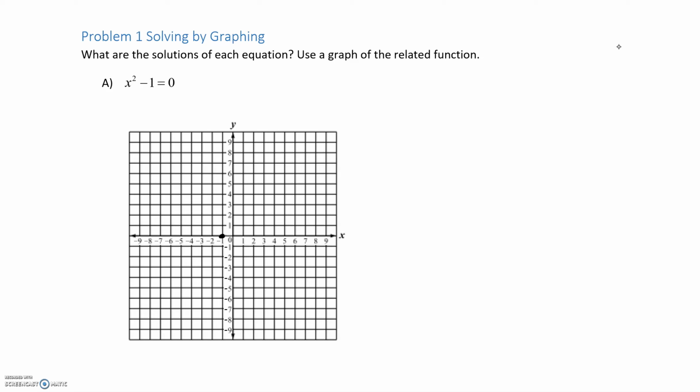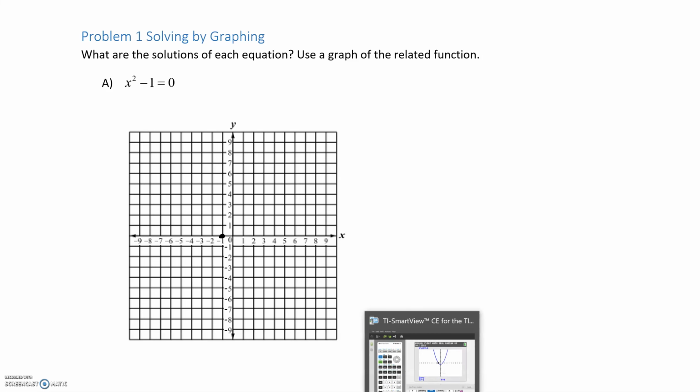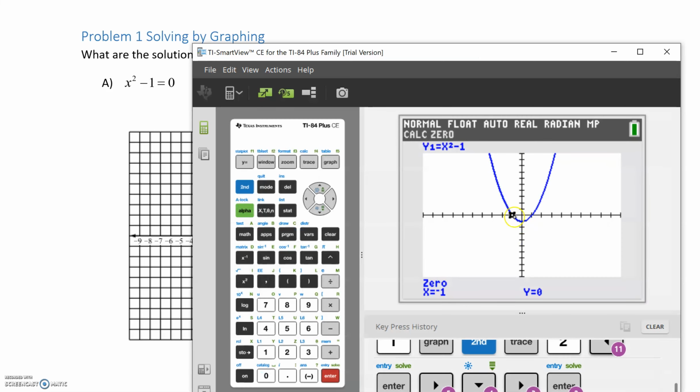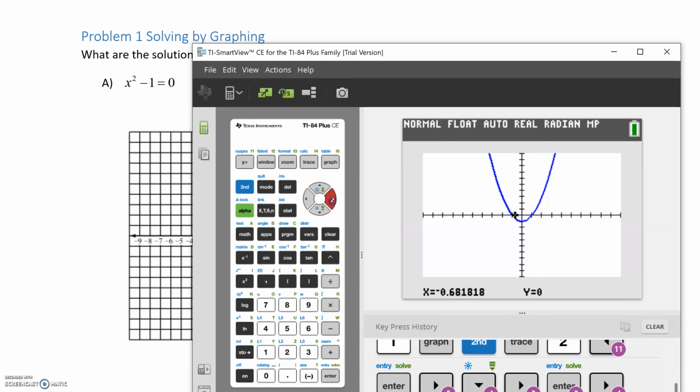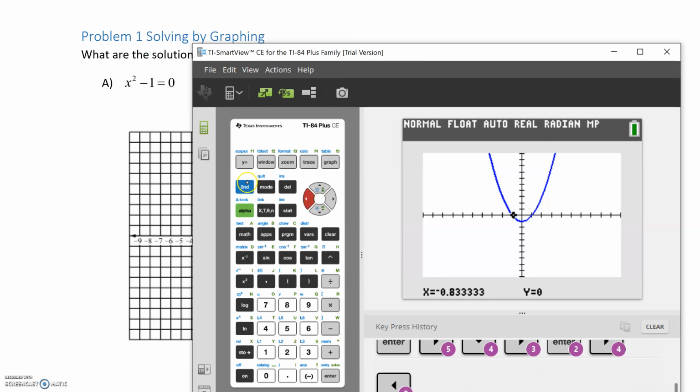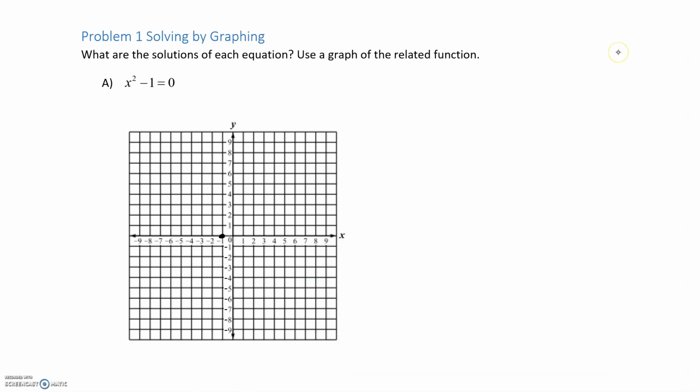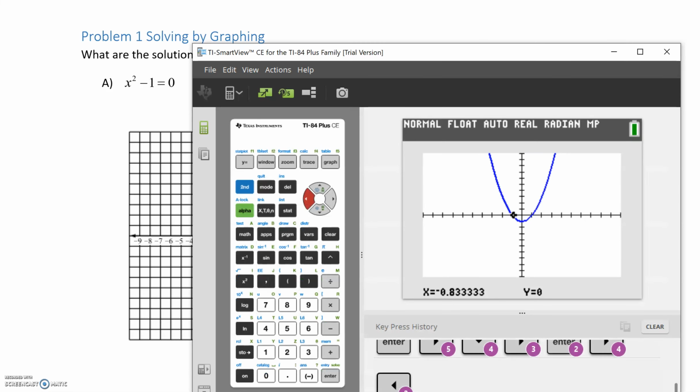Once we get down here, our vertex is going to be (0, -1), so we can graph that. To find our other zero, we are going to go back and do this again.